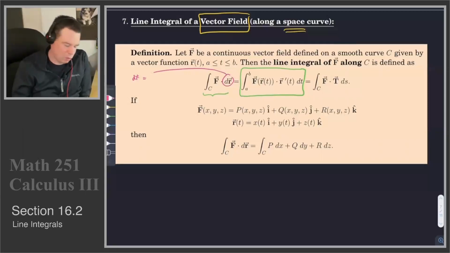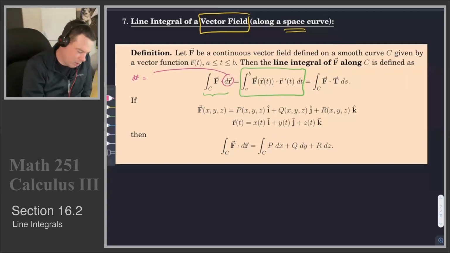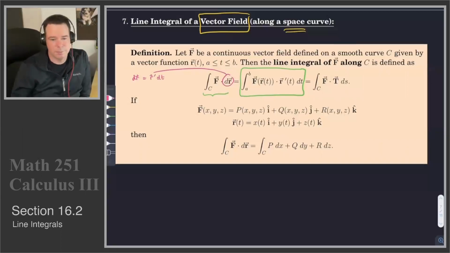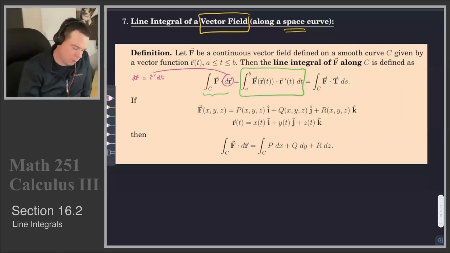That's not something we've introduced. It's just shorthand for r prime dt. That's all it is. And so that's just a nice shorthand way. F dot dr just means it's F dot r prime dt.